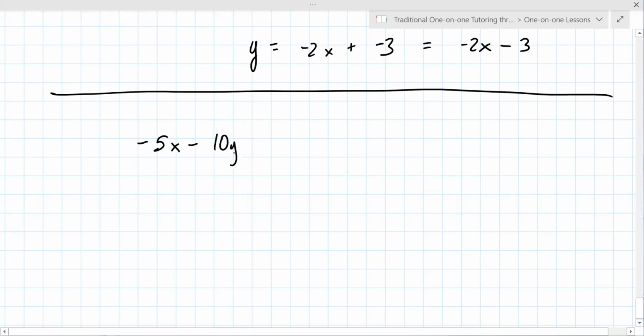-5x minus 10y equals 15. Nope, I'm sorry. Let me choose a different number here. Let me go 5y here.